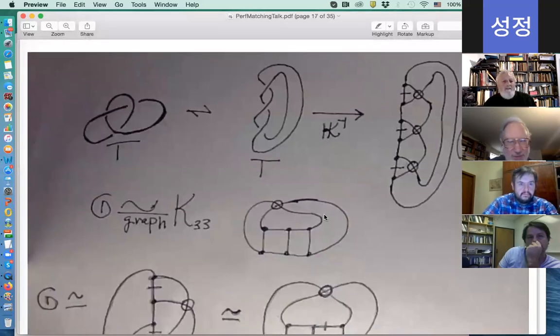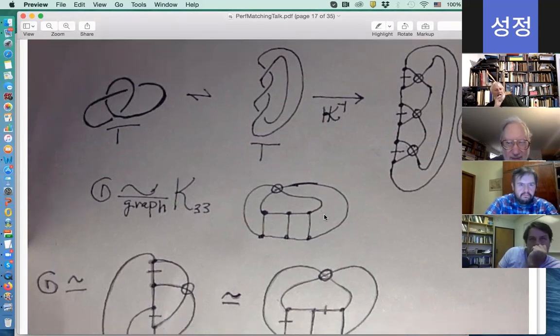Other examples are fun. Here is the trefoil knot, and I'm taking it as a 3-braided version, I mean a two-strand braid with 3 crossings. I take it over here, and you get one of these little gadgets for each crossing. Take a look at the graph that you got, and you will see that it's equivalent to K33.